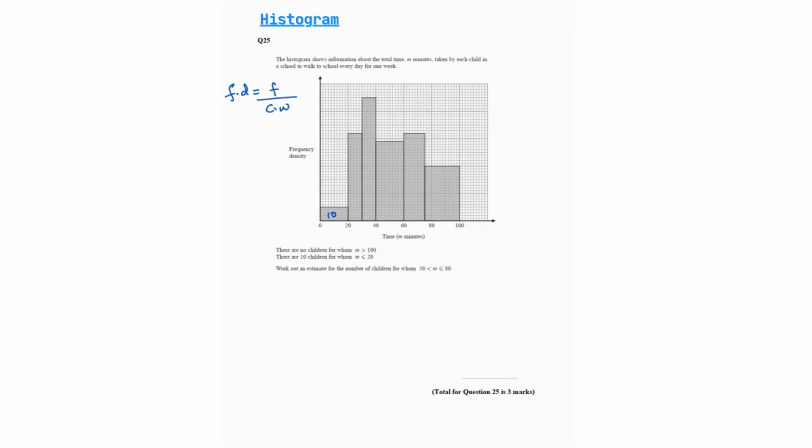So basically, they want us to find this and then half of this. So let me divide that first.